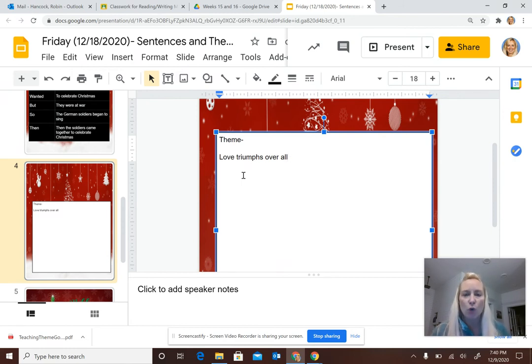Love triumphs over all. And even the fellow that was reading the story, he talked about that at the end, about how even though the soldiers disagreed and they were on opposite sides, they came together for one night to celebrate Christmas and their love for Christmas and all of their beliefs behind Christmas. So, what could be some text evidence from that story that would support my theme?